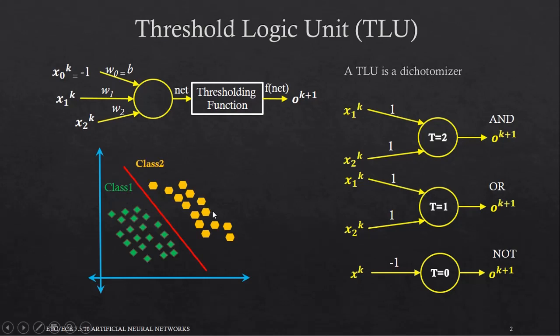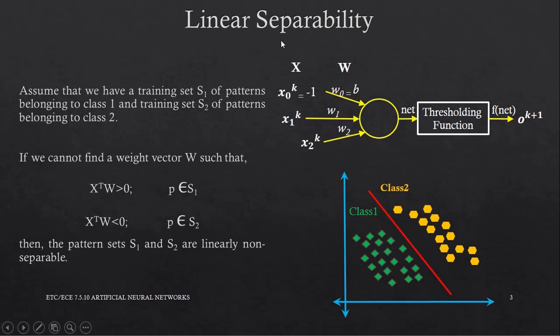We then used this TLU to obtain classifiers for logic gates. We now know the concept of linear separability also. We define it this way. Assume that we have a training set S1 of patterns belonging to class 1 and a training set S2 of patterns belonging to class 2.